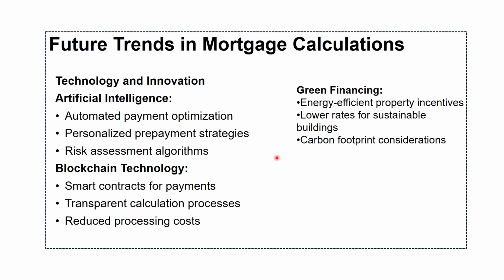Then coming to the future trends in mortgage calculations. Artificial intelligence, of course, optimizes payment schedules. You can use that. AI is getting used everywhere. So, in this area also it can help you optimize the payment schedule, personalize payment plans and enhance risk assessment.